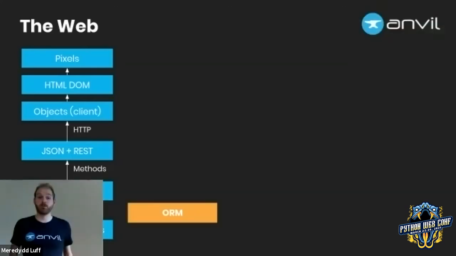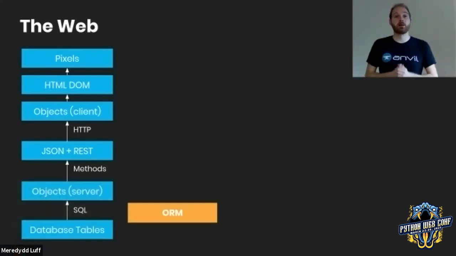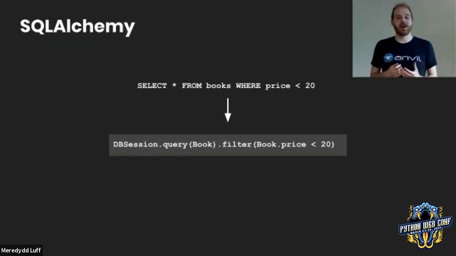We've already met one of them. It's an ORM, like SQL Alchemy. That's an abstraction that helps automate the translation between rows in a database table and Python objects. The problem, as we've seen with that abstraction, is that it's very leaky.